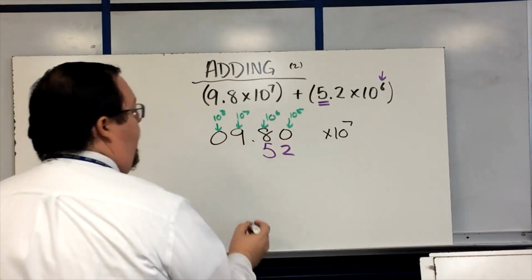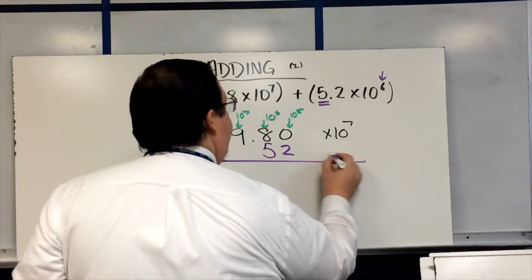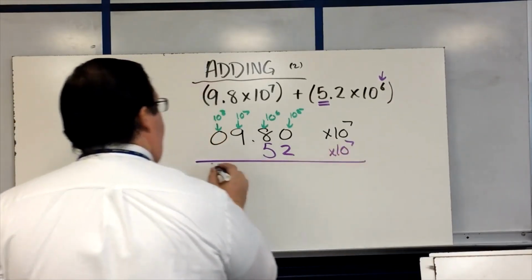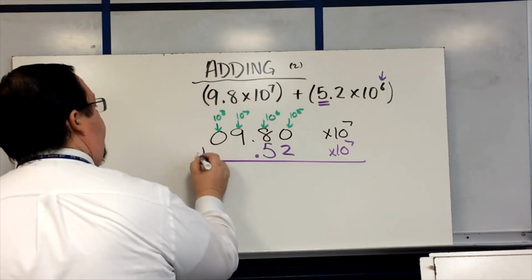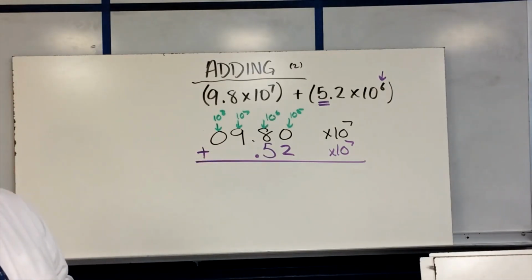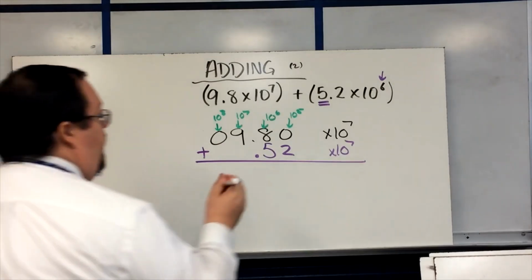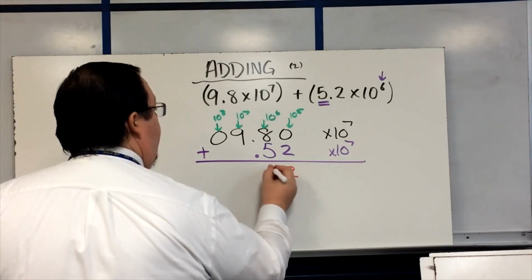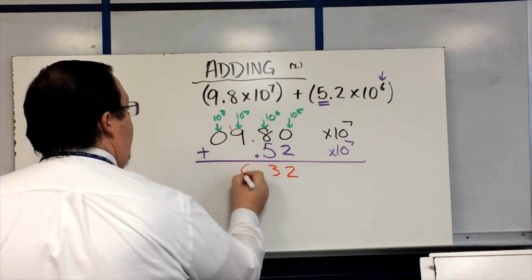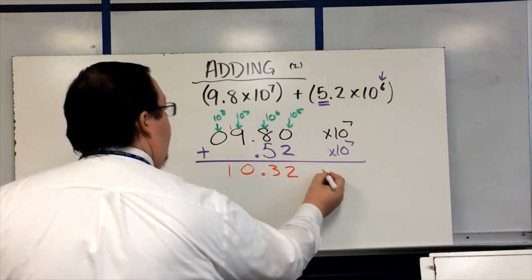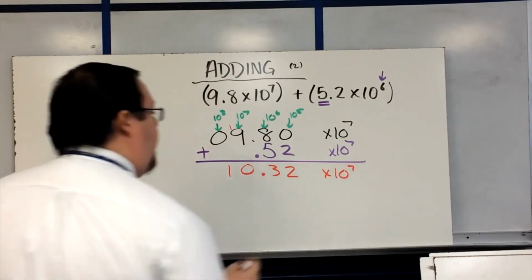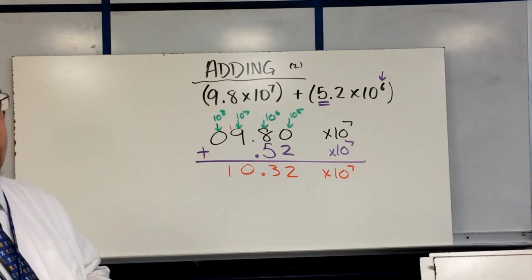The 2 goes right next to it. And we add. Now I get 10.32 times 10 to the 7th.